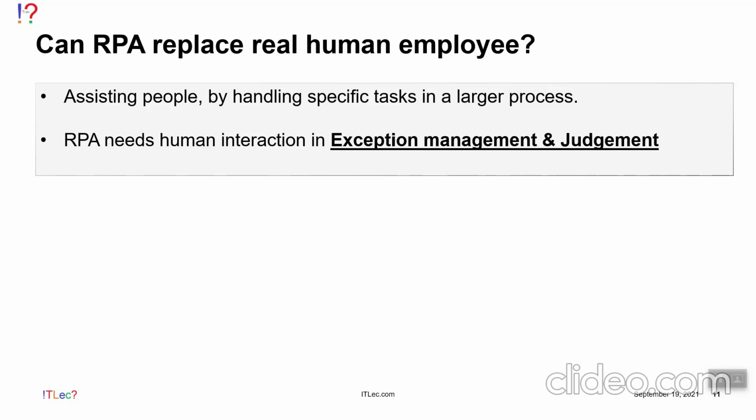And when ERP became a trend, and all of the big organizations implemented ERP, we again asked, will ERP replace the HR employees, accountants, those employees? But no, it will not, because at the end of the day, there must be human interaction for exception management and judgment.